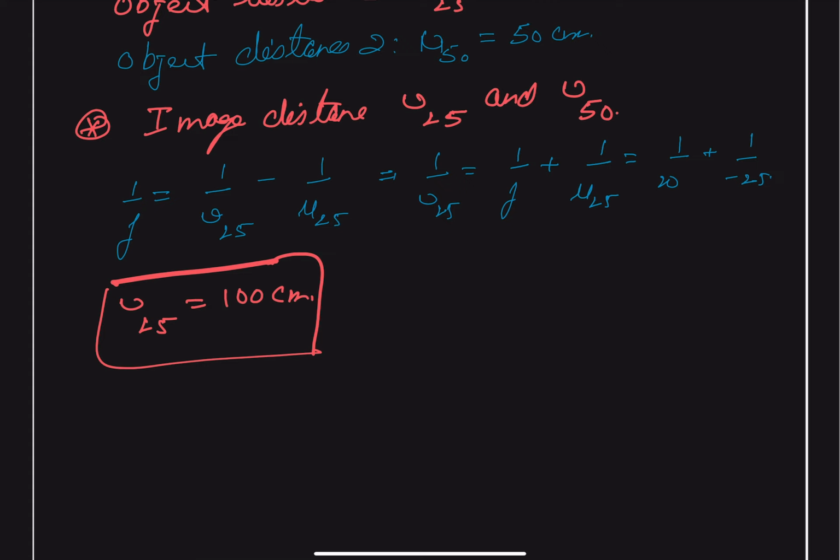Similarly, we solve it for 1 upon f is equal to 1 upon V50 minus 1 upon u50. So this gives us that V50 will be equal to 100 by 3 centimeters.